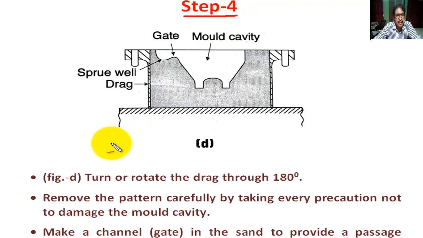Now, step 4. Figure D. From the previous figure, just turn or rotate the drag, the lower portion of the molding box, through 180 degrees, just opposite.